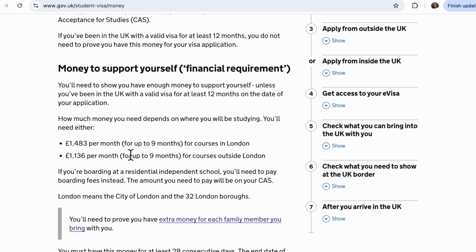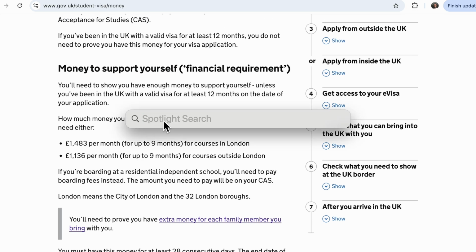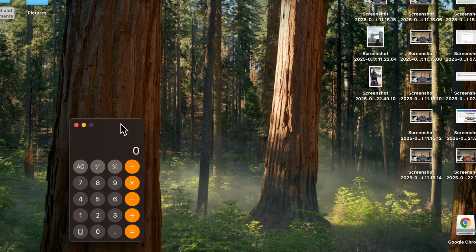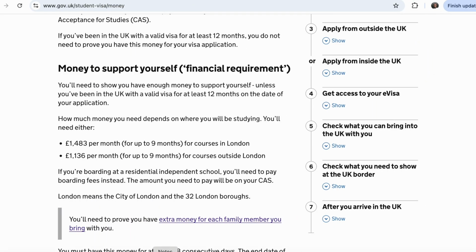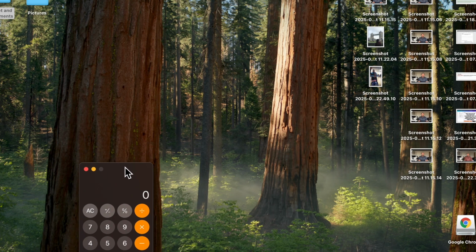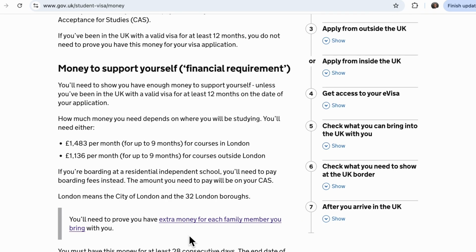So a simple thing here to do is, let's get the calculator here. So let's say the fees is, okay, just a moment. I want to see the amount. So that's 1,136. Let's say you don't want to study in London, right?